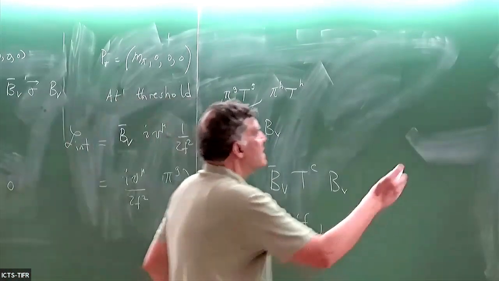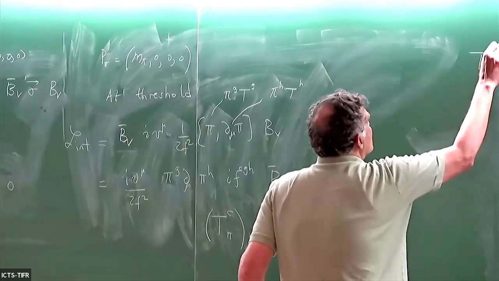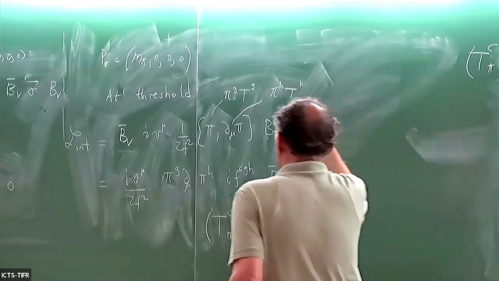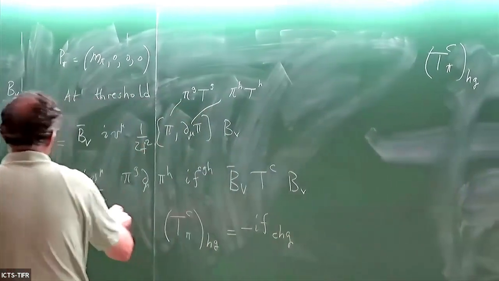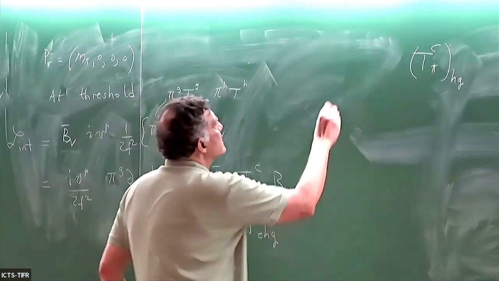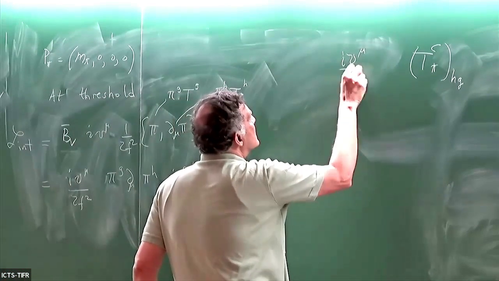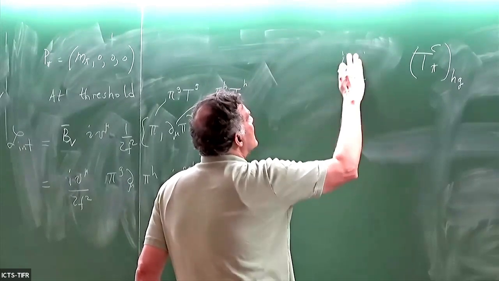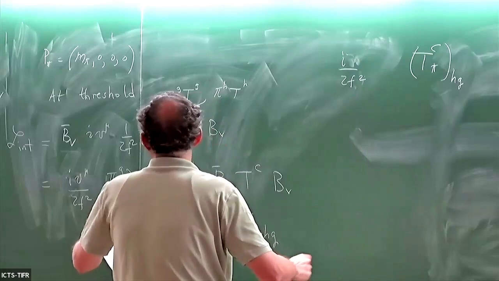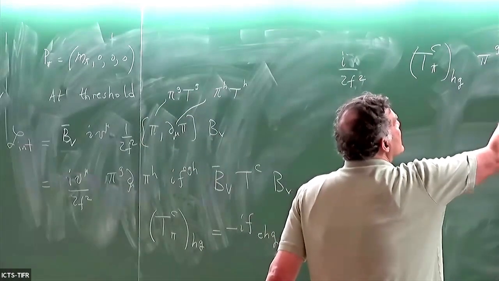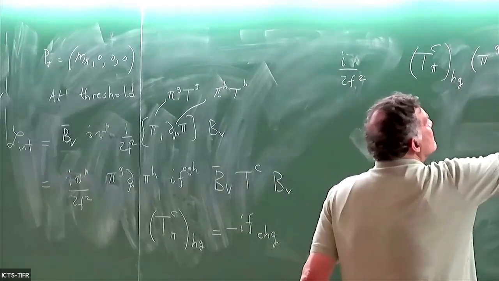Where are we? So we have Tc pi hg. Okay, and then I have I v mu over 2f squared. Actually, let's forget the v mu. I over 2f squared pi g v dot d pi h, b bar v tc b v.